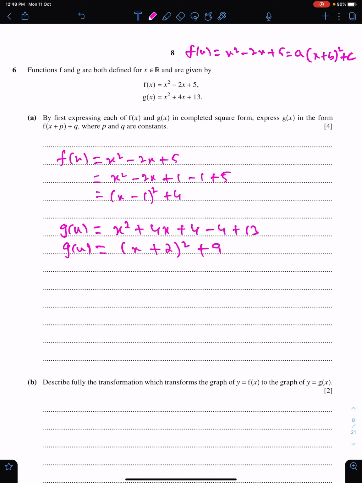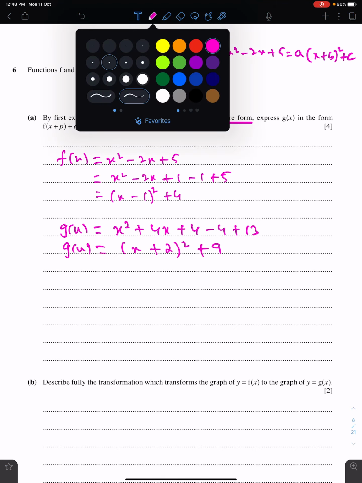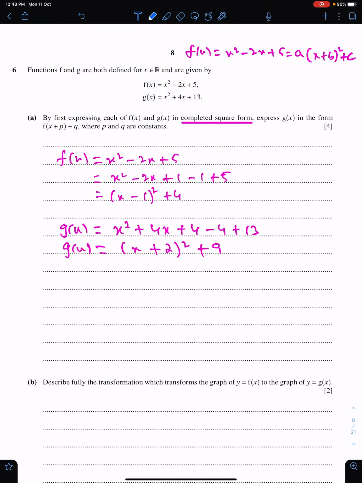So we have done the first part of this question, completed the square form for both. The second part of this question, which is very important, is to express g of x in this form. We have to understand this equation carefully. g of x is f of x plus p plus q.